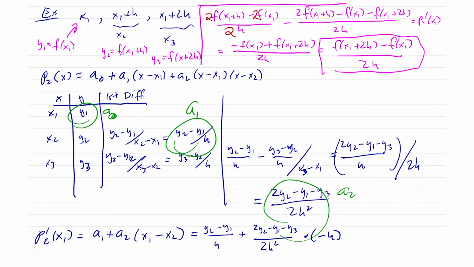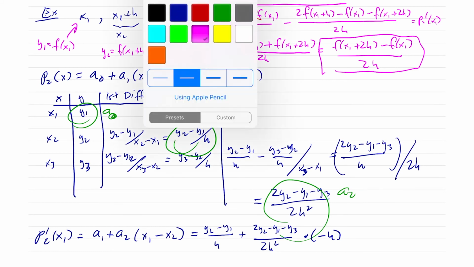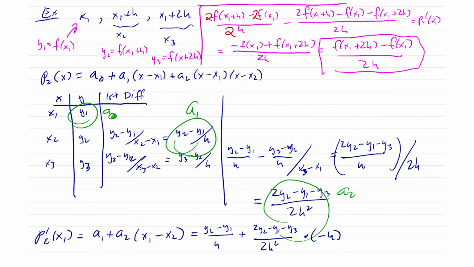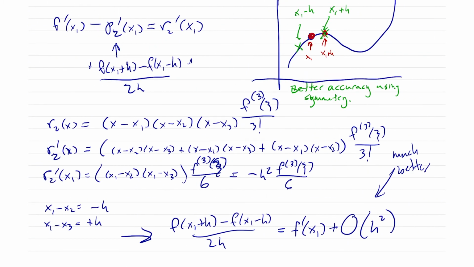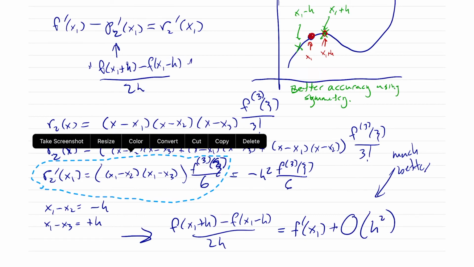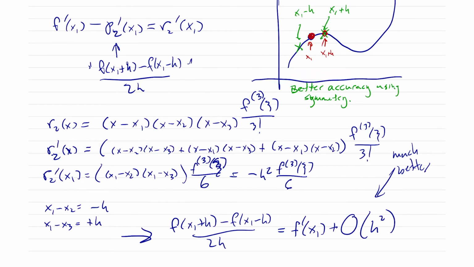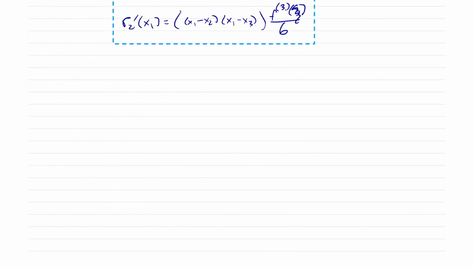You probably could have guessed that, but now let's see how accurate this is. So again, we can actually use the same exact formula. We get down to this. Since it's a quadratic, it's going to give us the same exact remainder formula. And so what's different is that we had x1, x2 is equal to x1 plus h, and we had x3 equal x1 plus 2h.